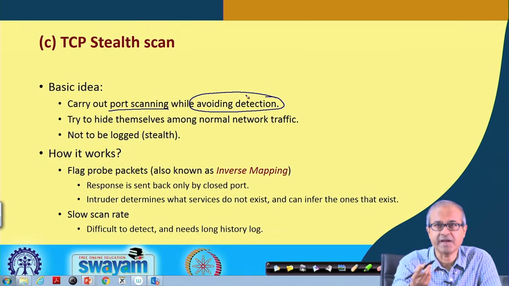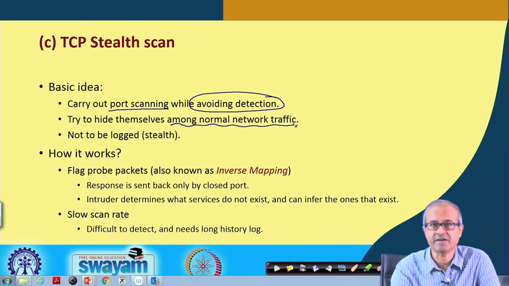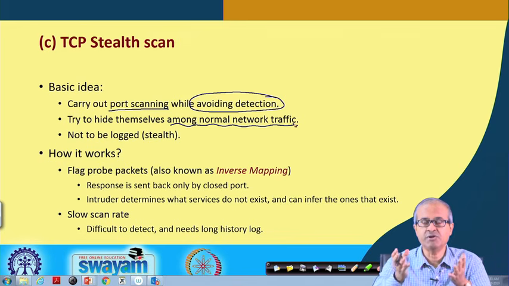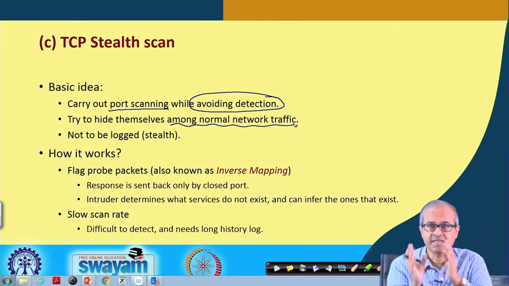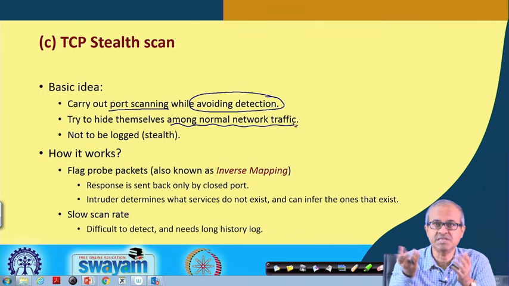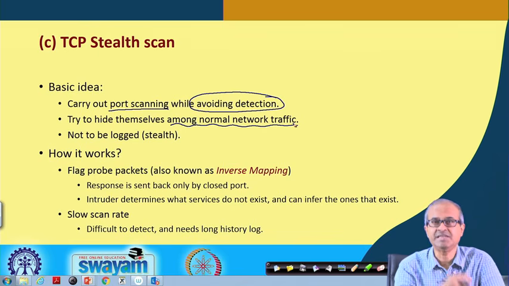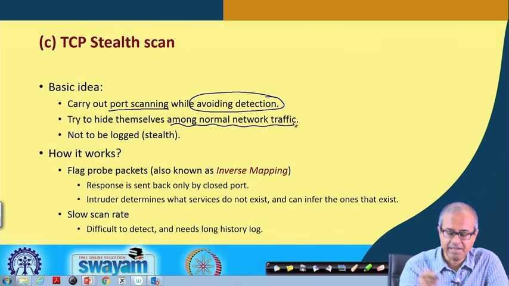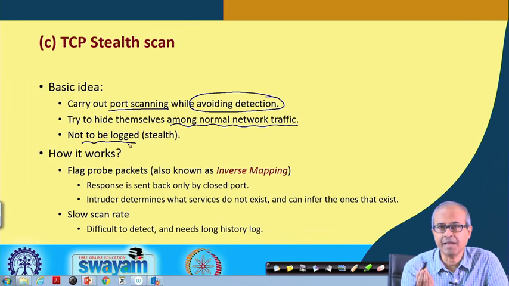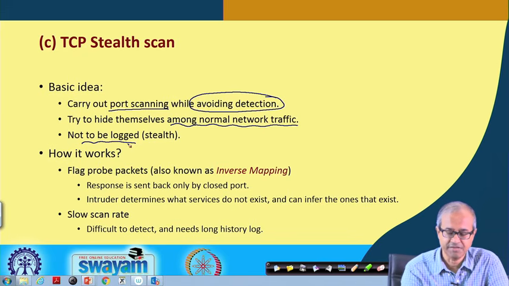Your packets are hiding within normal network traffic. So, the firewall or the intrusion detection system installed on the target machine will not be able to distinguish your packets as malicious. And they will also not be logged, because they will appear to be very harmless. That is why we say that they are stealthy.